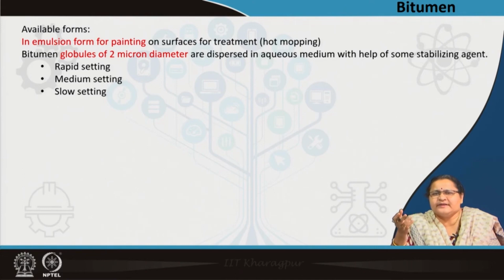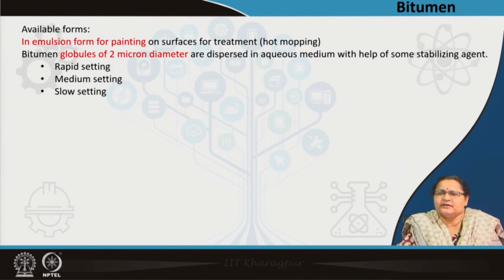and this aqueous medium is the dispersing agent, which is again having some stabilizing agent added to it, and this aqueous medium actually helps spread these globules and it eventually evaporates.